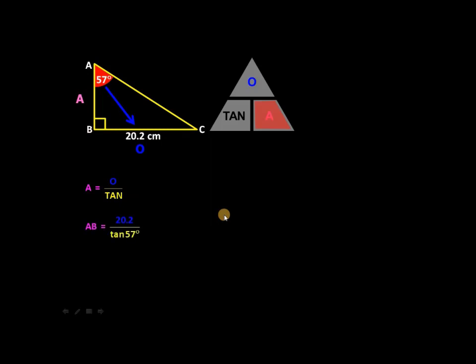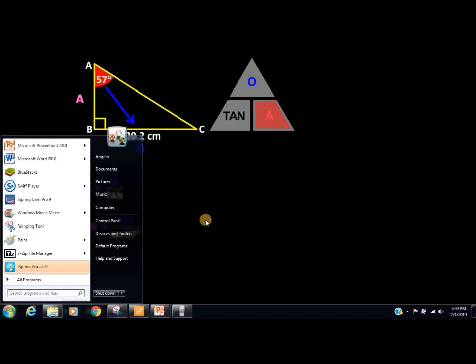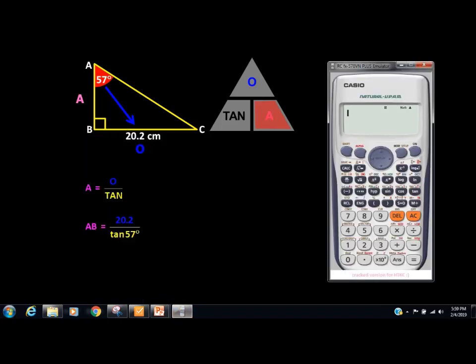We now have to bring the calculator up and finish the question. This is a fraction. One number up, one number down, so we use the fraction key. We put in 20.2, then we press come down and we go tangent, don't forget tangent, and 57 and close the bracket.